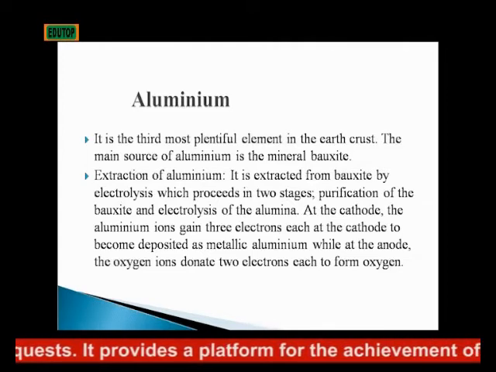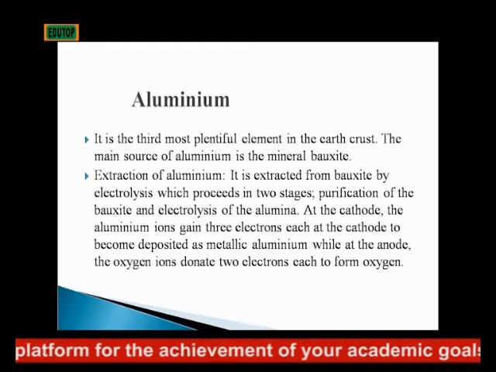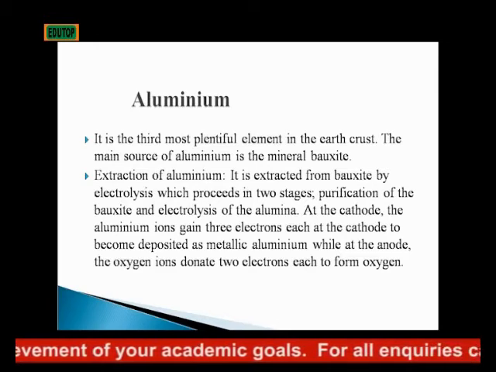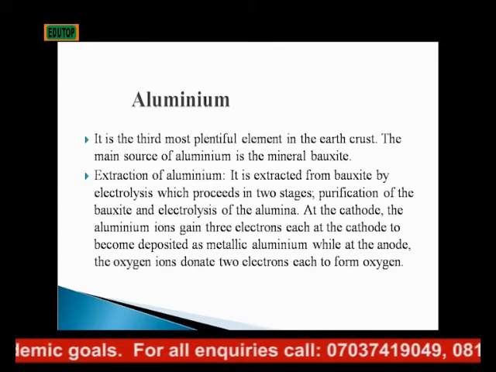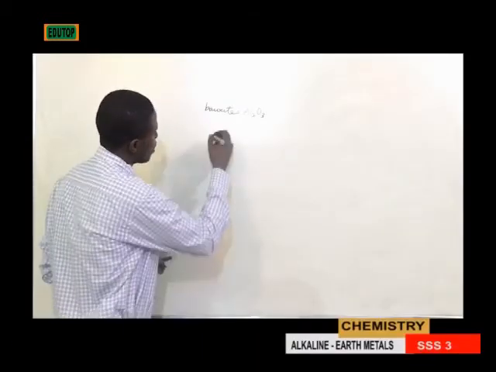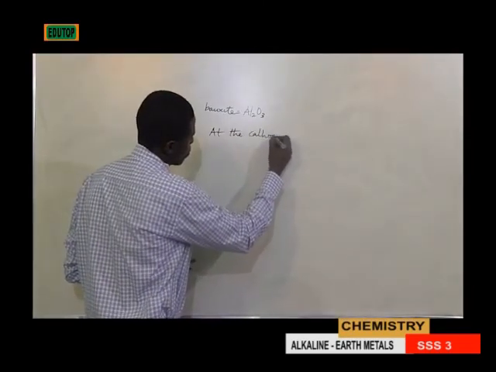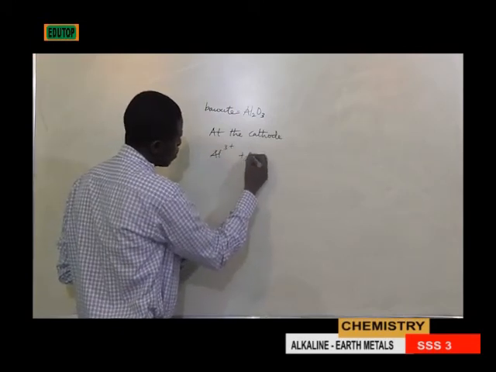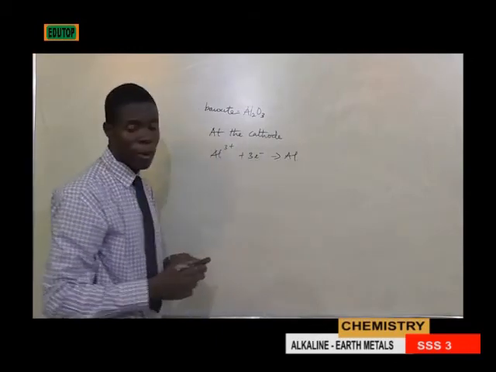At the cathode, the aluminium 3 plus ions gain 3 electrons each to become deposited as metallic aluminium, while at the anode, the oxide ions donate 2 electrons each to form oxygen. What am I saying? At the cathode, aluminium 3 ion gains 3 electrons to become aluminium metal, which is deposited.